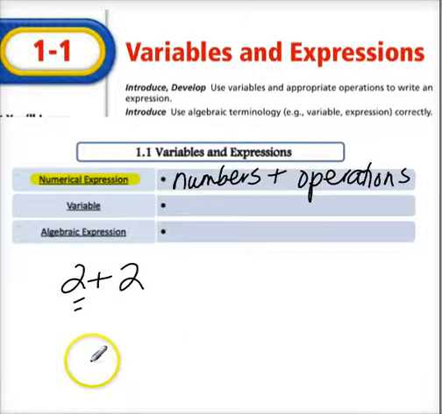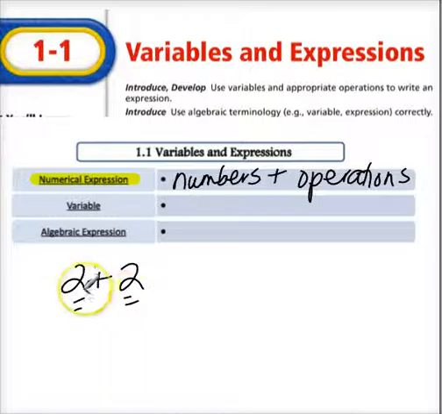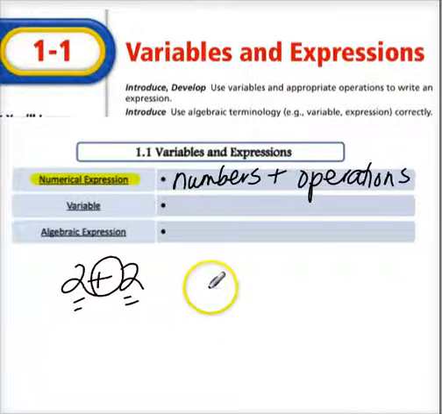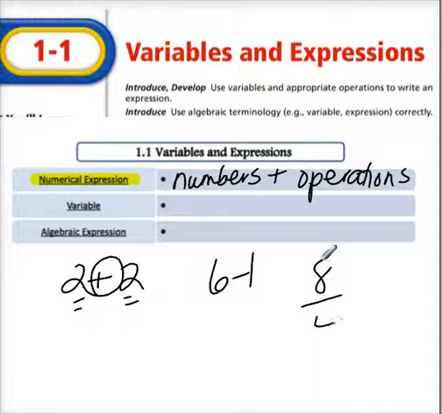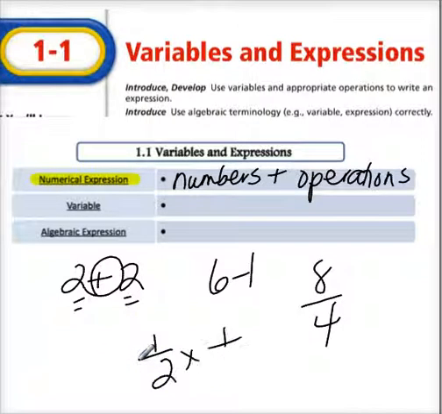It has numbers and operations. Operations are your adding, subtracting, multiplying, or dividing signs. Other numerical expressions could be 6 minus 1, 8 divided by 4, or even 1/2 times 1/3. They're all numerical.